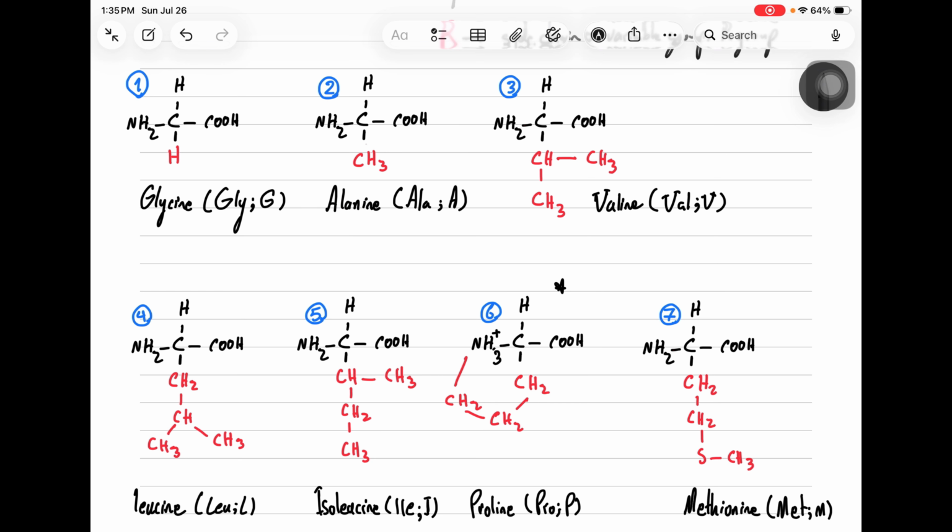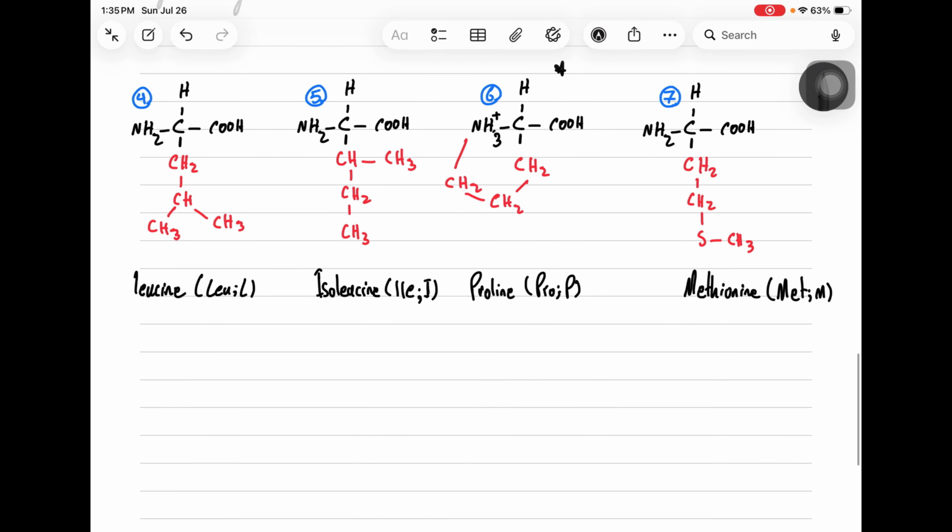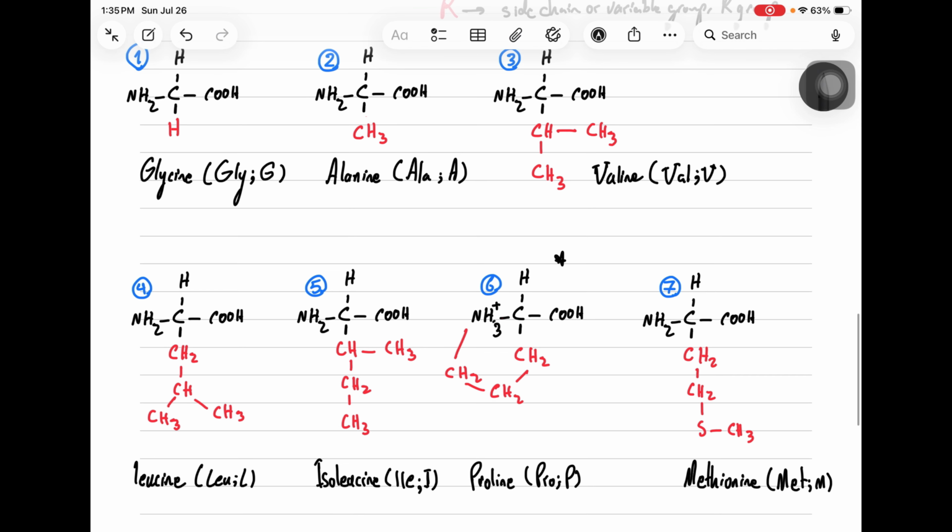So when we talk about alpha helices, we're going to say that proline and glycine are not really favorable for forming alpha helices. We're going to talk about them later, but these are the amino acids that you should know. This is the first category of the 7 out of 20 amino acids that we talk about.